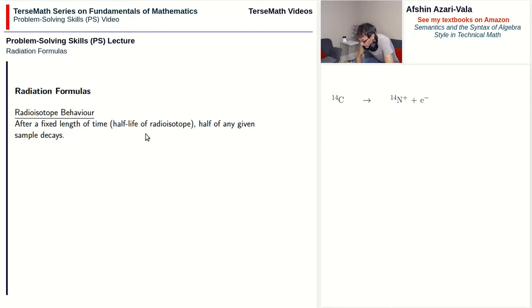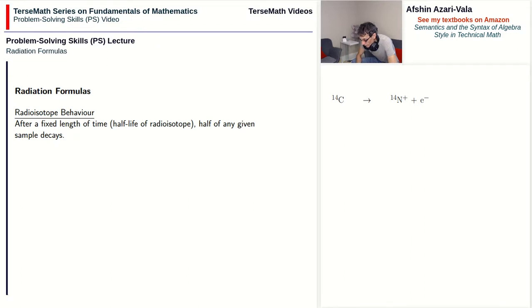Its half-life is 8 days. So if you start with a sample of iodine-131, after 8 days, half of what you started with decays. If you start with, let's say, 100 grams, after 8 days, you will have 50 grams. If you start with 20 grams, after 8 days, you will have 10 grams left.